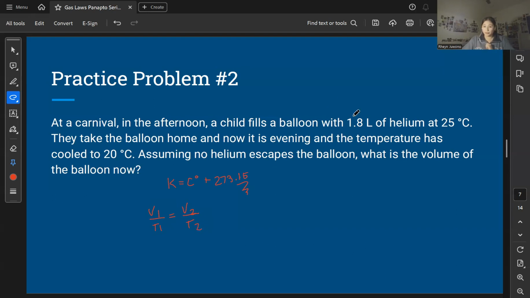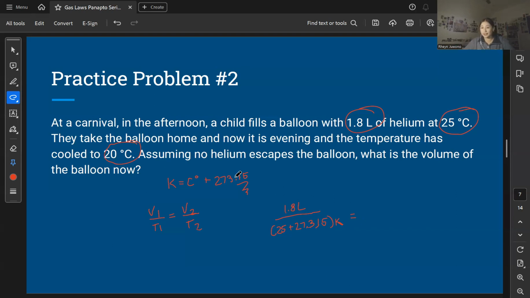So what do we know? Well, we know our initial volume, 1.8 liters, and we also know our initial temperature, but we will need to convert it. So this should be over 25 plus 273.15 Kelvin. And then we also know our final temperature.